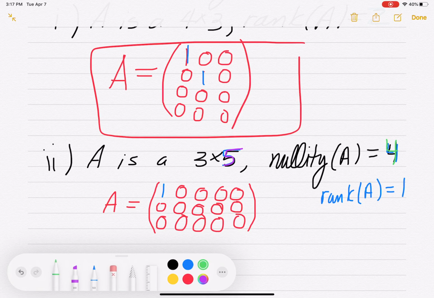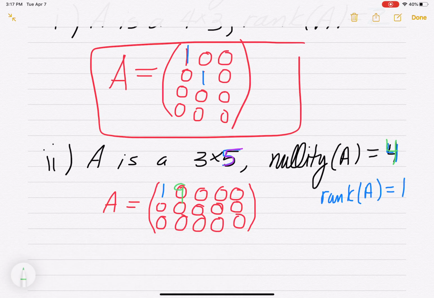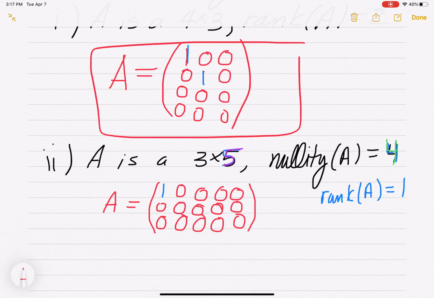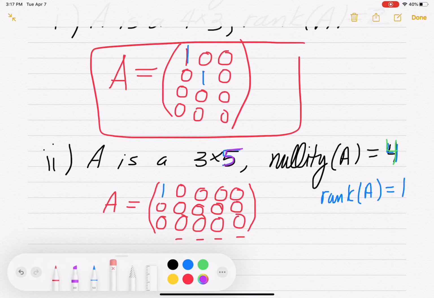We could have put in something else, like a 9, if we wanted to, but I'm just going to put zeros. It's an easy thing to do. So that's an example right there. Nullity 4: you have 4 non-pivot columns, and it's a 3 by 5 matrix.